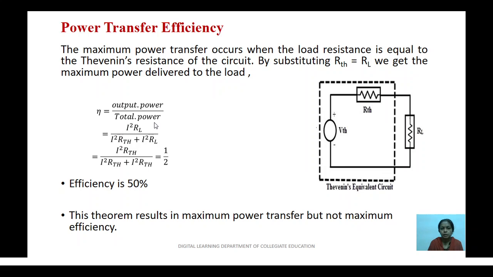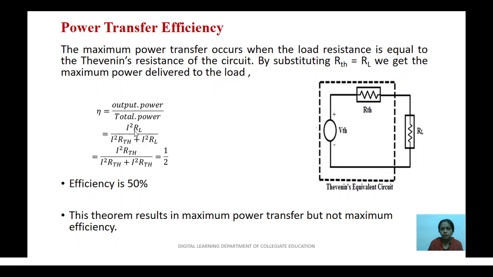Output power is nothing but I square RL, the power dissipated at the load, given by current square into resistance. So I square RL divided by total power. Total power is the power dissipation across RTH and the power dissipation across RL. So it is I square RTH plus I square RL.